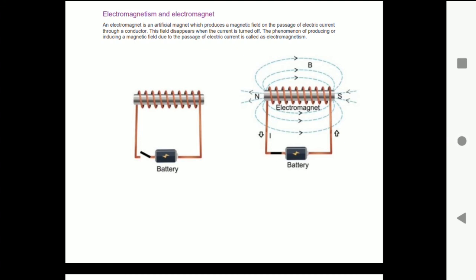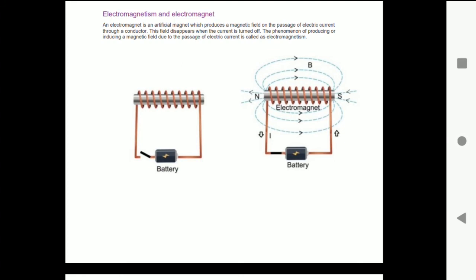A natural magnet retains its properties forever. But an artificial magnet, like an electromagnet, shows its magnetic properties when electricity passes through the circuit. If you disconnect the electric supply, it loses its properties.